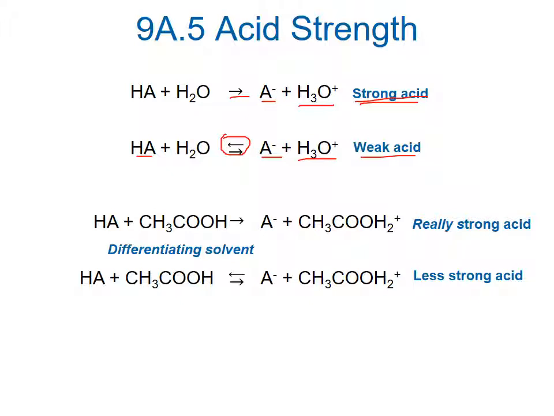So a really strong acid could dissociate completely in acetic acid, but a less strong acid will be in equilibrium. So we'll see that we move back and forth between having protonated sides and deprotonated sides for a less strong acid. So again, that allows us to differentiate between acids that are strong in water and to develop a relative strength for those.